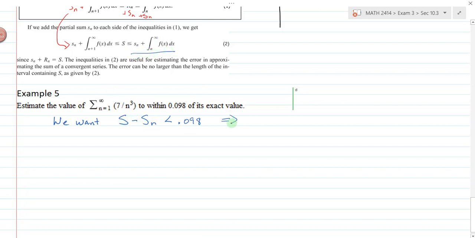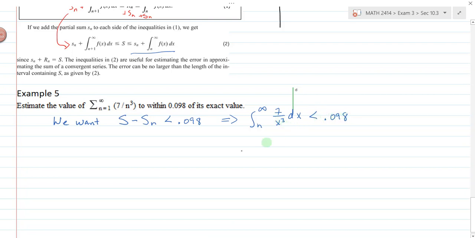So that means I can set up the integral from n to infinity of my argument 7 divided by n cubed, and I don't want to use n's here, I want to use x's, dx. That integral has got to be less than 0.098.